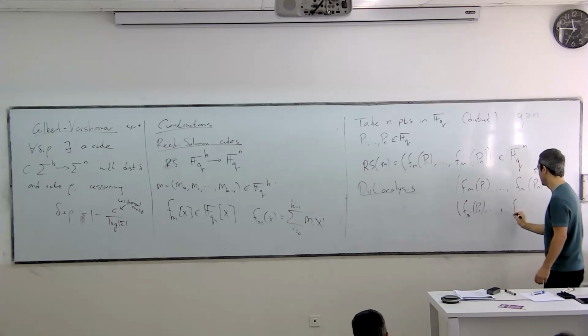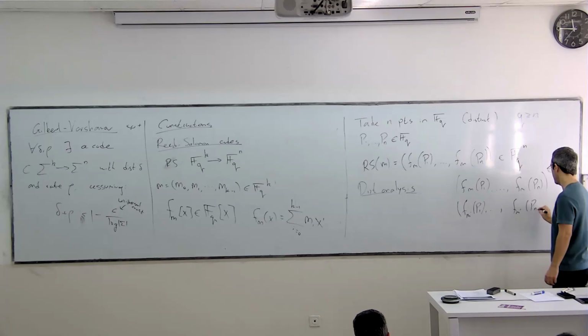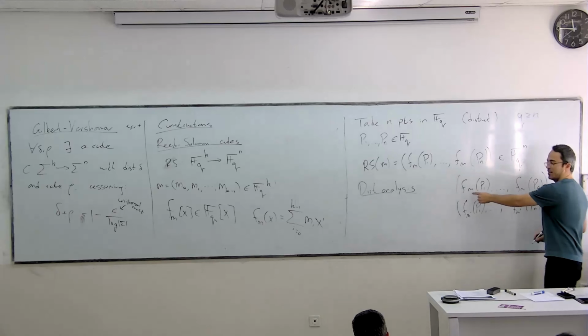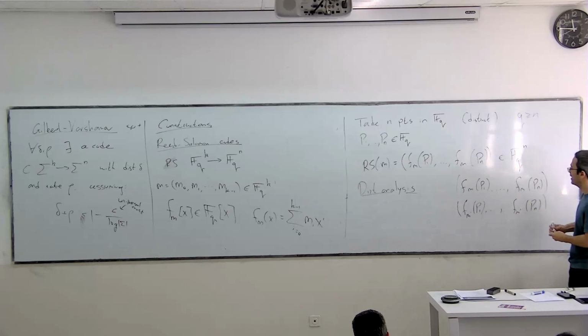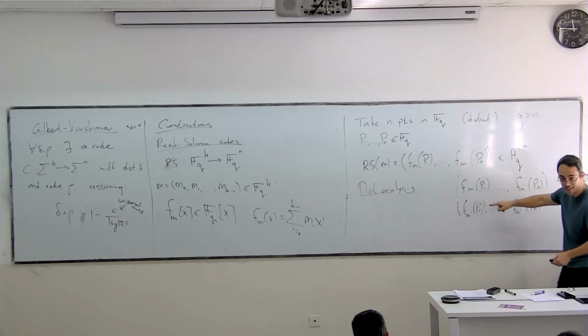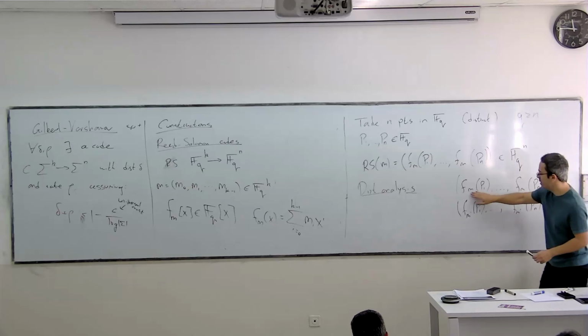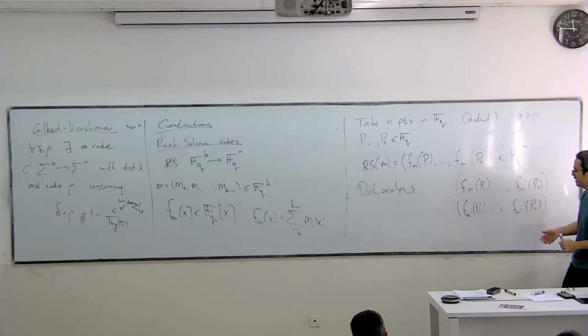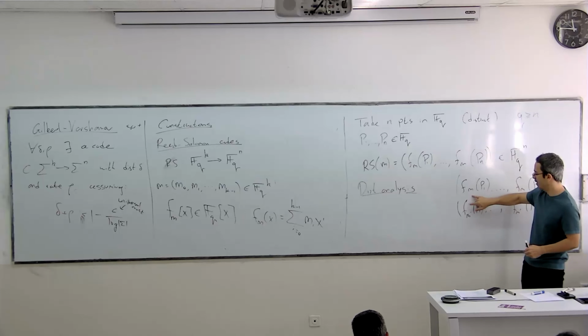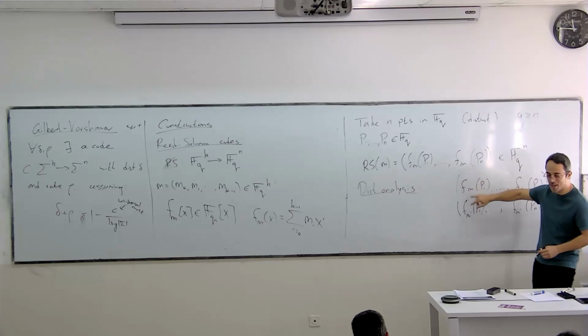So this is when you encode M prime, and this is when you encode M. And the distance is in how many indices they disagree. And F_M and F_M' could be any two polynomials of degree at most k-1.